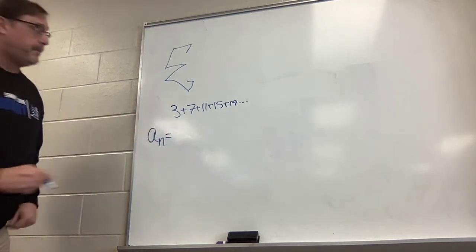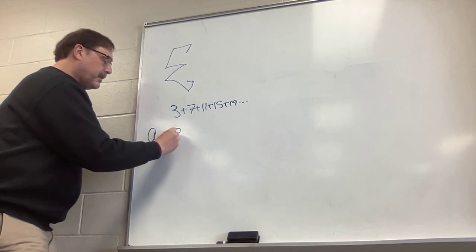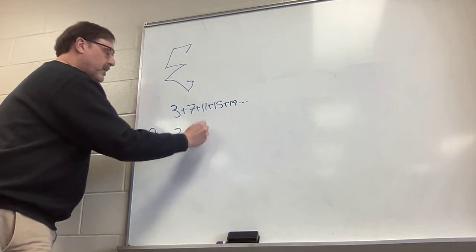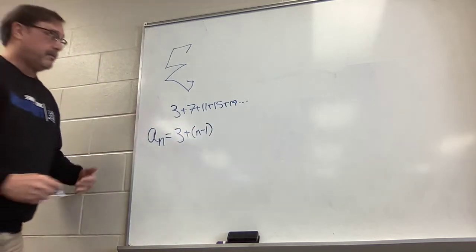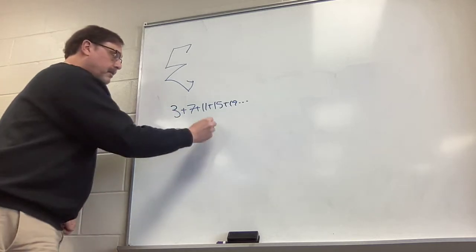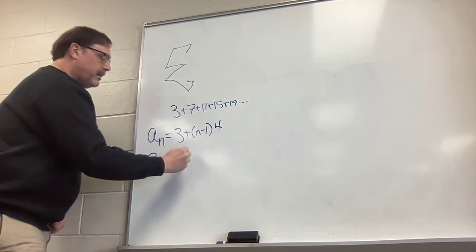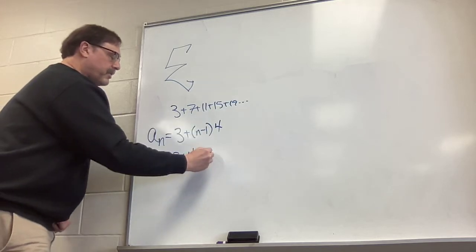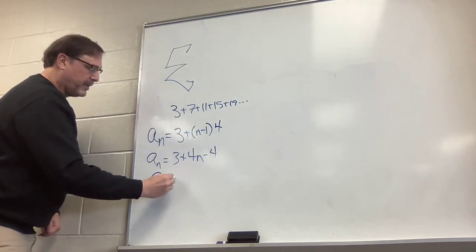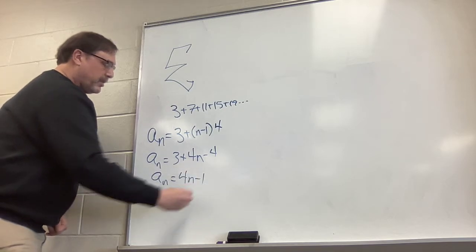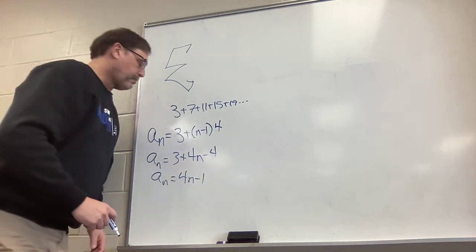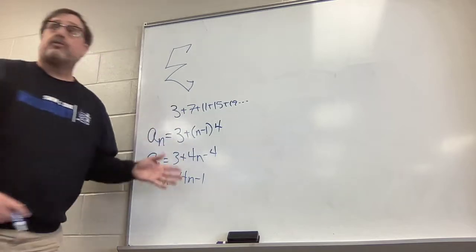What's a sub 1? 3. Plus n minus 1. What is the difference? 4. Thank you. I call this backwards distributive property. 4 times n. 4 times negative 1. Your formula is the same as 4n minus 1. That was a quick review, wasn't it?